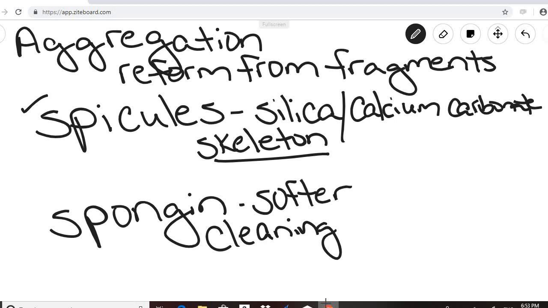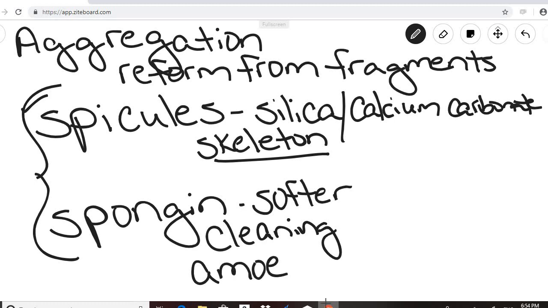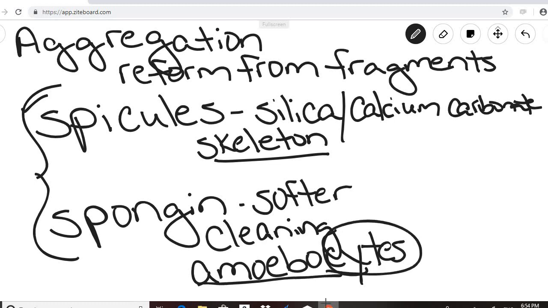So the cells that make the spicules and the spongin are called amoebocytes. Anytime you see the word cyte at the end of something, that means it's a cell. So an amoebocyte makes spongin and spicules.